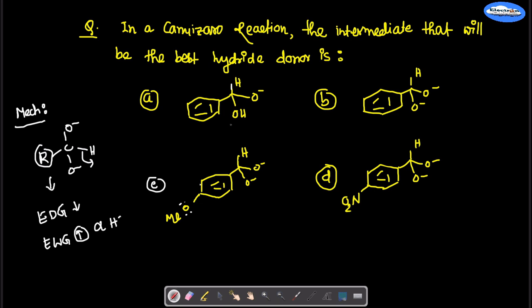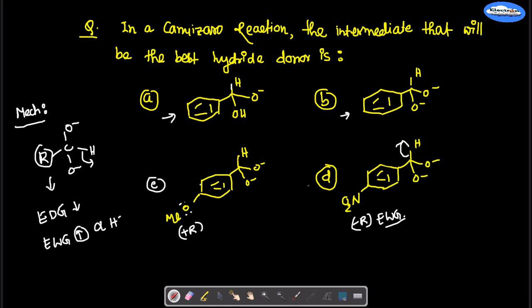Here you can see that in option A there is no electron withdrawing or donating group. In option B there is also no electron withdrawing or donating group, but in case of C, the plus R effect, or electron donating group, methoxy, is present, and in option D the minus R effect, or electron withdrawing group, is present. So it will facilitate more hydride donation.